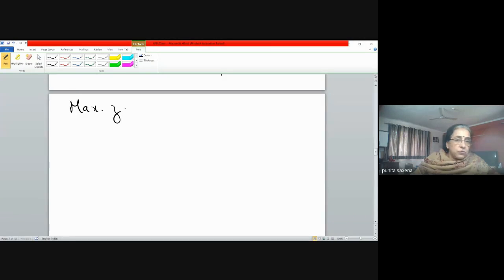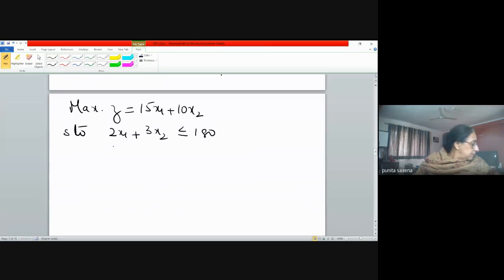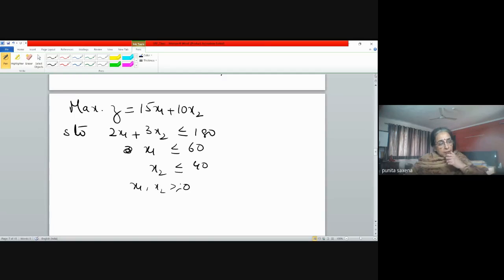Maximize z equal to 15x1 plus 10x2 subject to the constraints. इसको ले लो: 2x1 plus 3x2 less than or equal to say 180, or say x1 less than or equal to 60, x2 less than or equal to 40. छोटी problems नहीं है. x1, x2 more than or equal to 0.